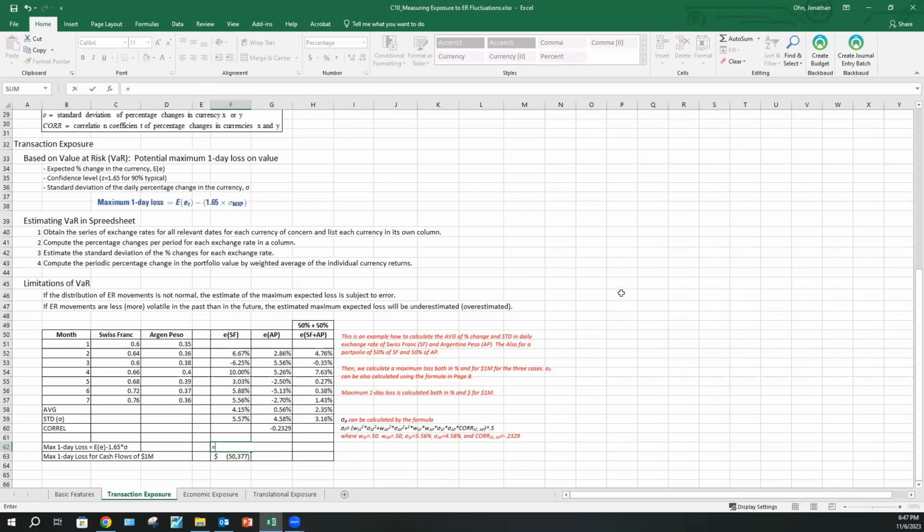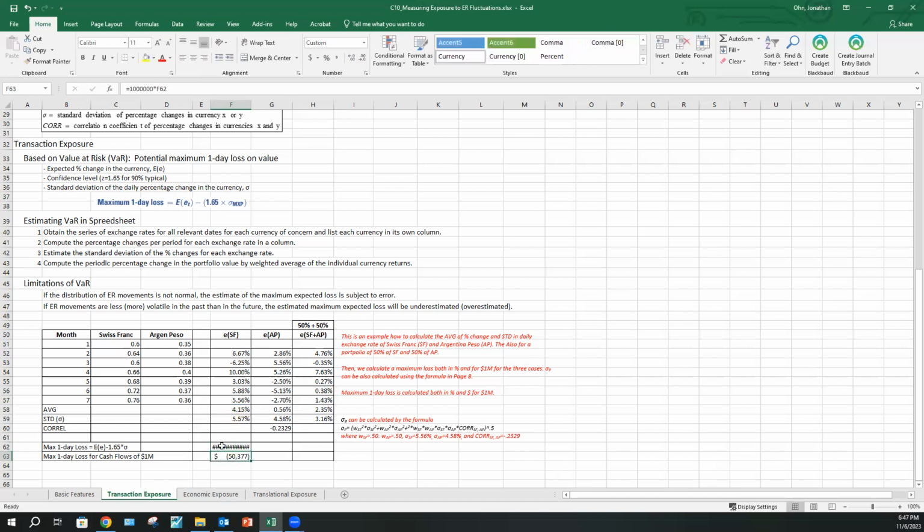Expected percentage change for the Swiss franc is 4.15 minus 1.65 times the standard deviation.